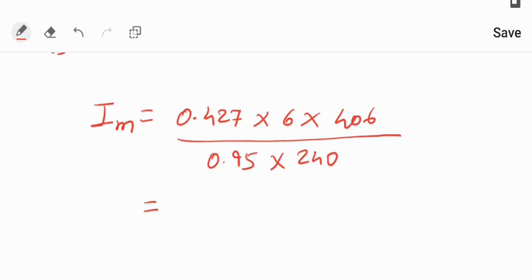What answer we will get, I will just show you in the calculation.